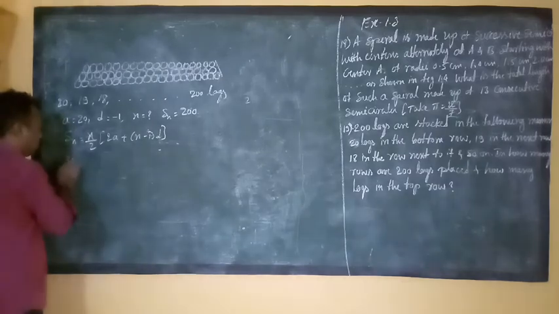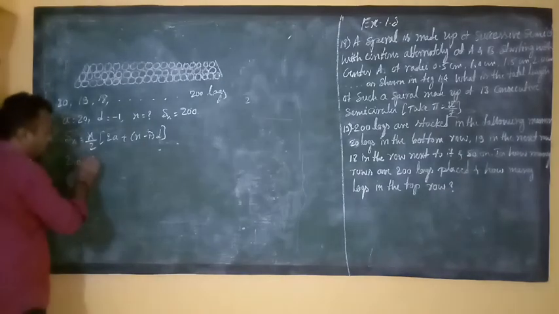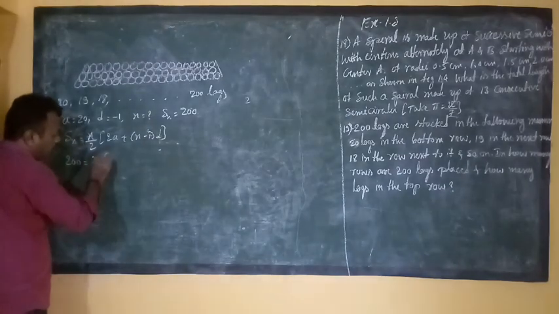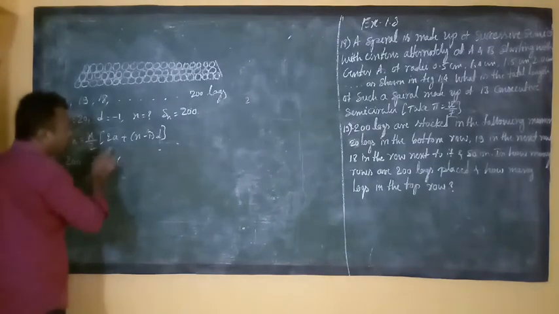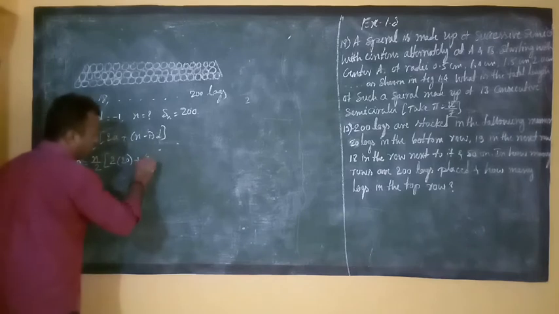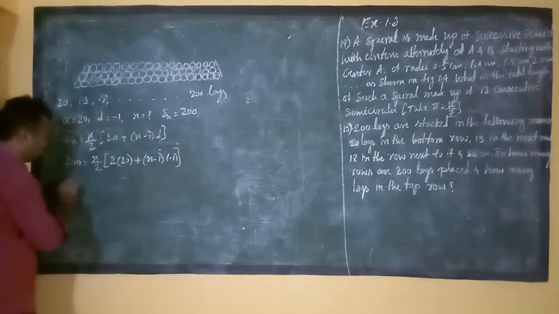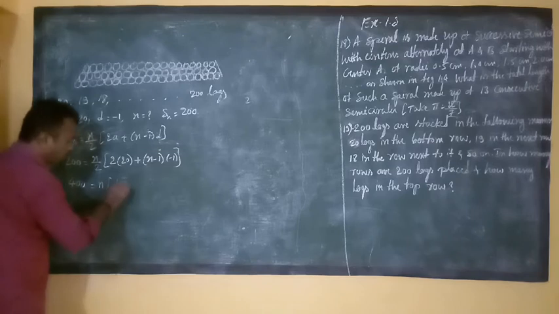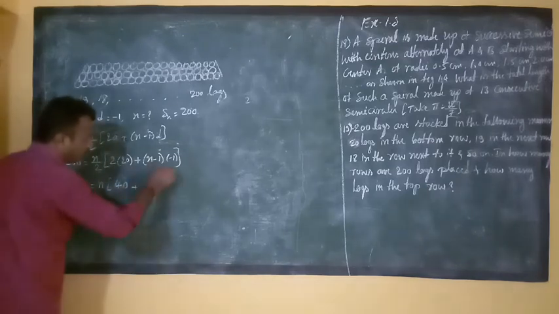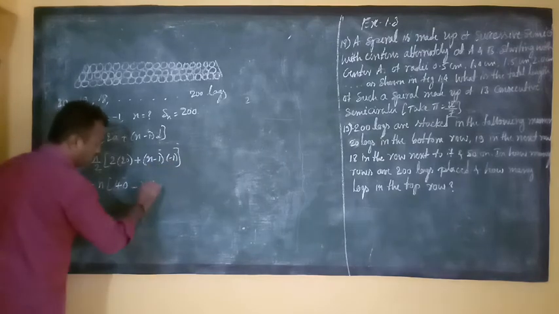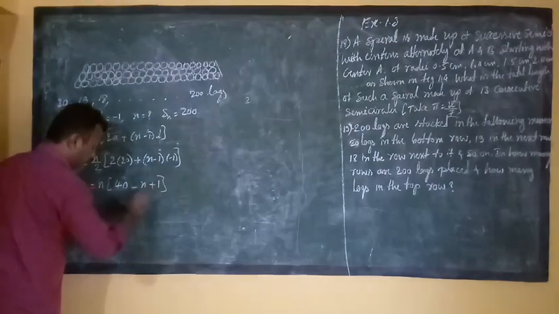So Sn is 200, equal to n by 2 into (a, the first term 20, plus (n minus 1) into d, which is minus 1). Then 200 into 2, 400, is equal to n into (20 into 2, 40, plus (n minus 1) into minus 1, which is minus n plus 1).